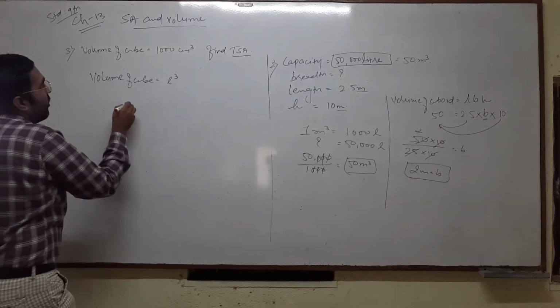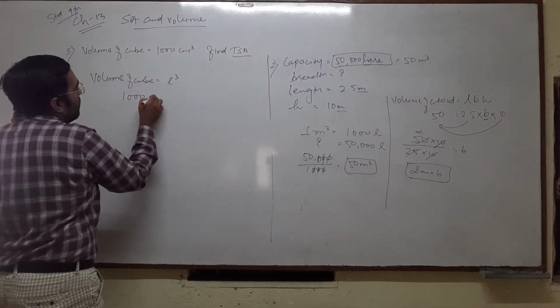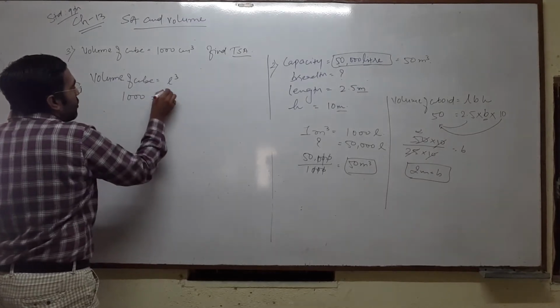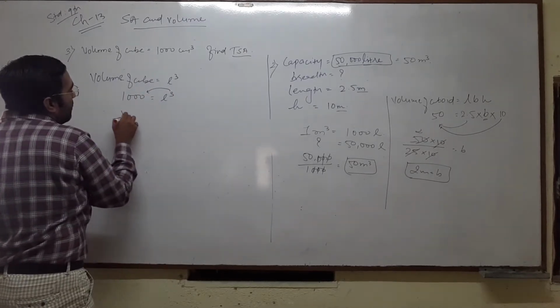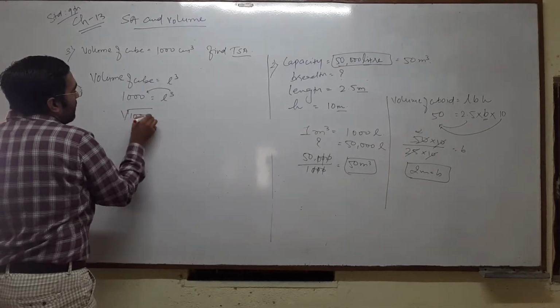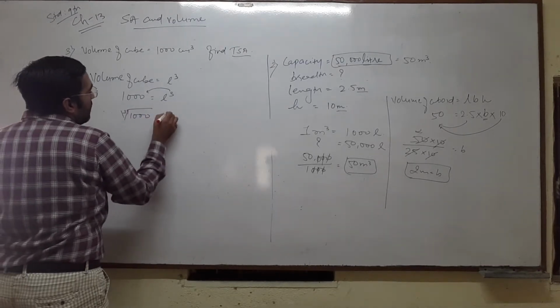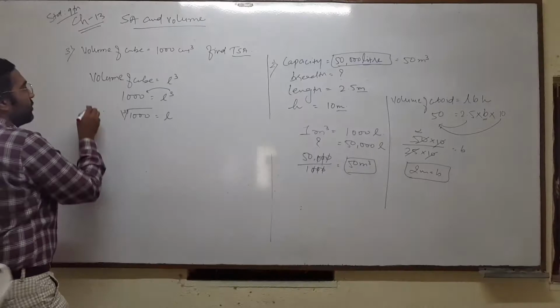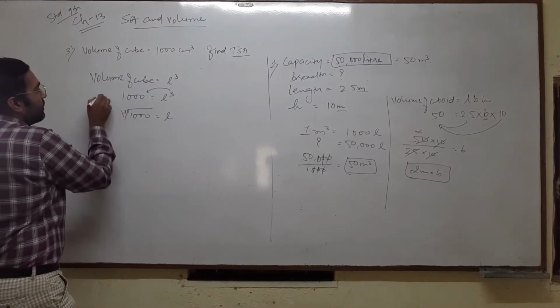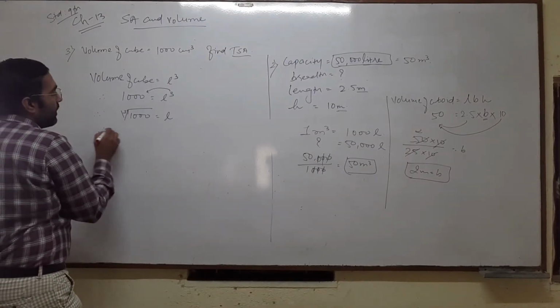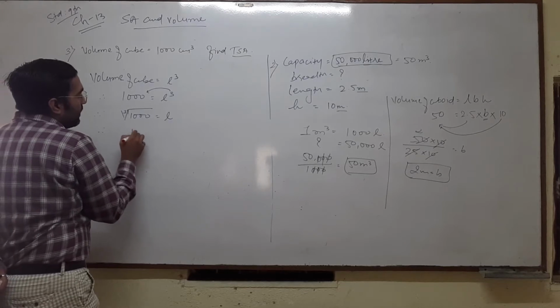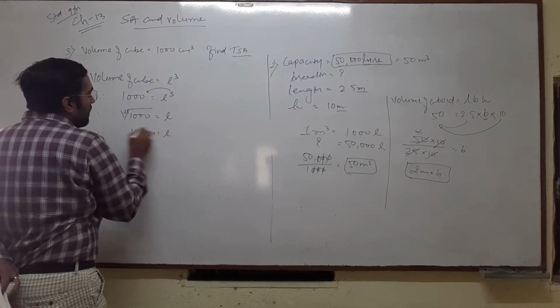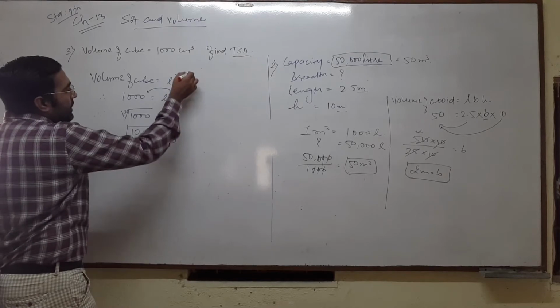Volume is given as 1000 centimeter cube equal to L cube. Cube is shifted to the other side, therefore here is a cube root. So therefore my length is 10 centimeter. Length of cube is 10 centimeter.